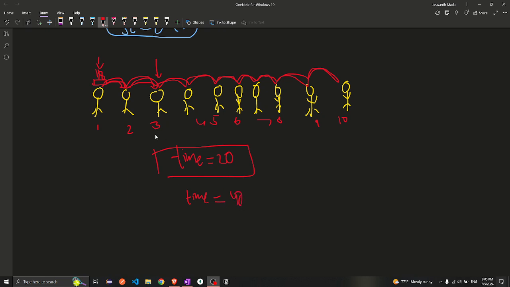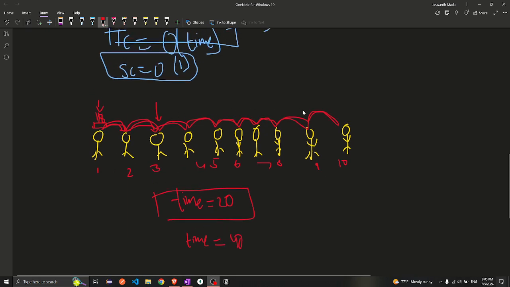Let's say the time is 40. So initially with 18 steps we'll be here, and again we'll do another 18 steps. It will be 36 steps. Again we'll be here. Again from here we have 4 more steps: 1, 2, 3 and 4. So at the 40th step we came here, right?